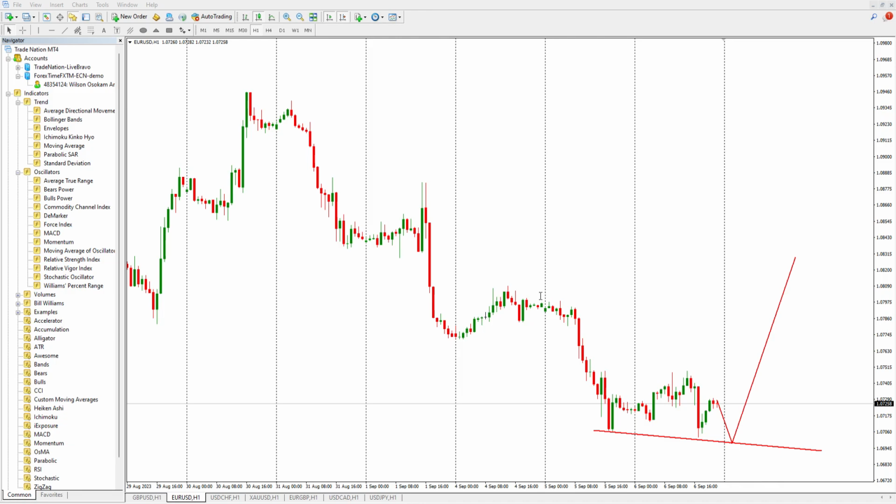Automatically that gives me my entry price, 1.07. Remember our take profit is 1.08 and our stop loss is 1.0683. That's about 15 pips, and we'll place our order. Good. This is what we now have.